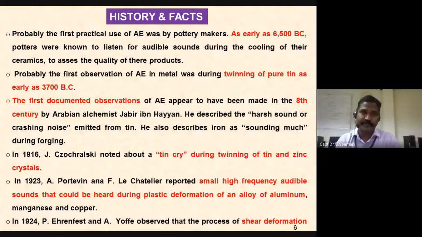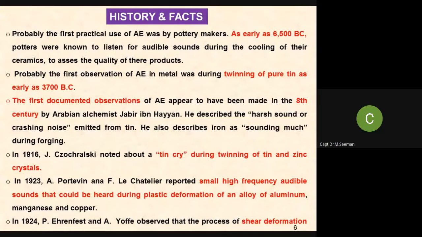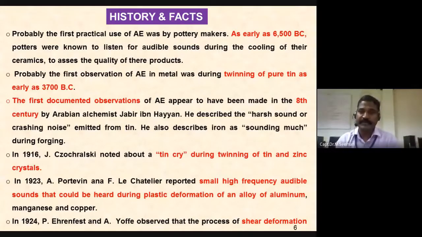It was first used with metal in the tuning of pure tin. During the tuning of tin material, you get a sound, and based on this sound, you identify the quality of the material.